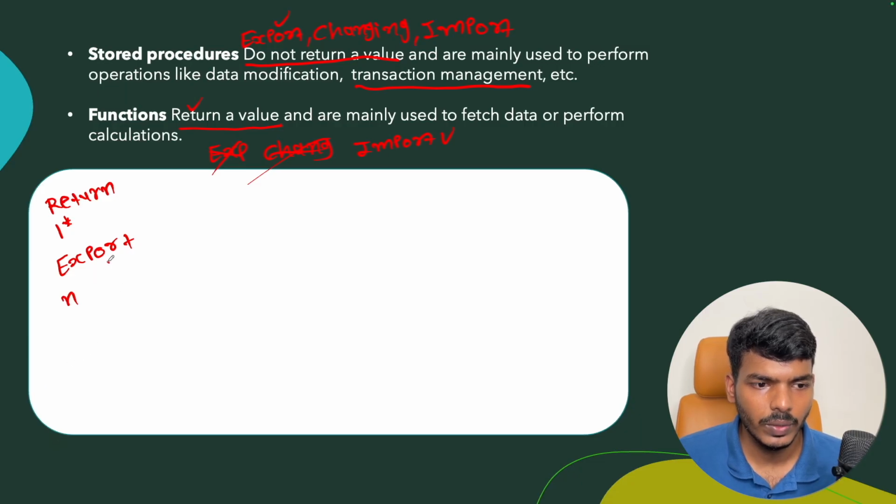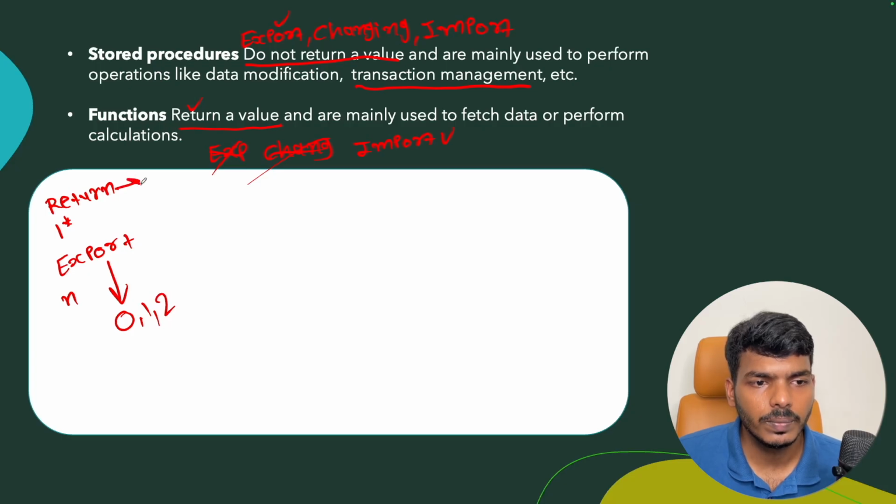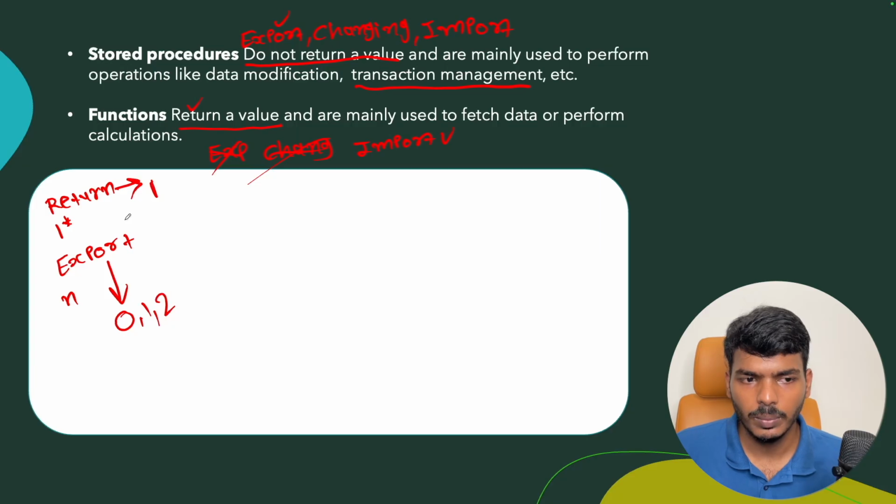So if we want to create a procedure where there is no export value, we can create that. If we want a procedure with one output, we can create that. If we want a procedure with two outputs, we can create that. But every database function can only return one value. So this is the main difference.